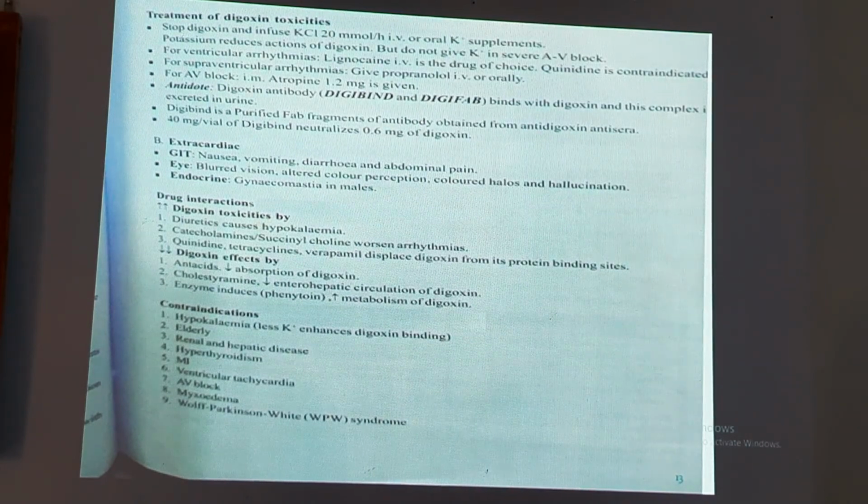Extracardiac side effects, that is GIT: nausea, vomiting, diarrhea, and abdominal pain. Eye: blurred vision, altered color perception, colored halos and hallucinations. Endocrine: gynecomastia in males.